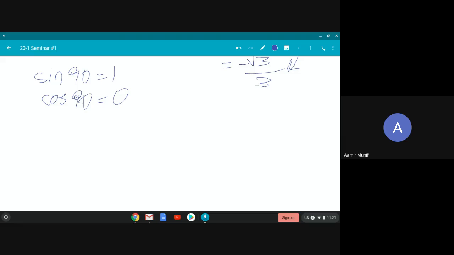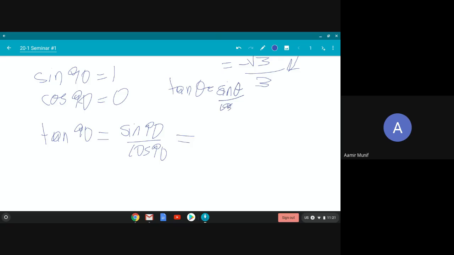Now the problem is tan of 90 is equal to sine of 90 over cos of 90, because tan is just sine over cos, using the fact that tan theta is equal to sine theta over cos theta.